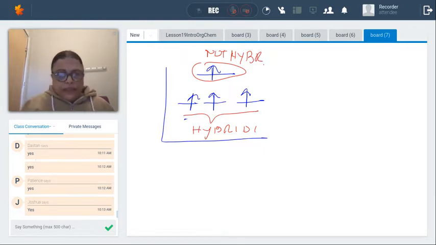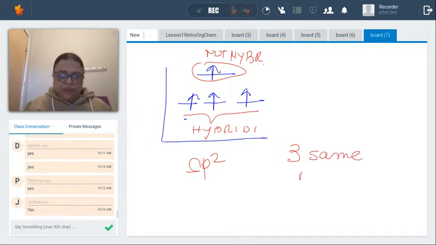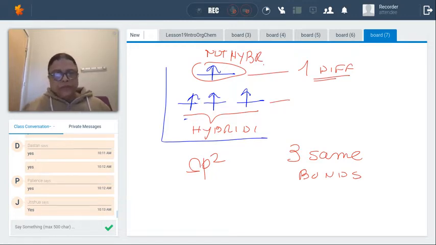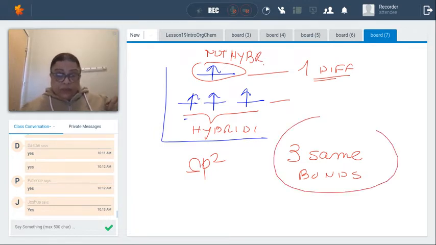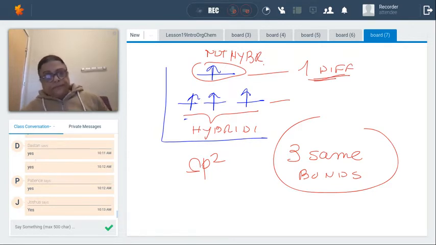So you clearly see that this carbon that has an sp2 will have 3 same or similar bonds and 1 different. This is high in energy, these are low. So the carbon will have 4 arms like it always has, but 3 of the arms will be the same and 1 will be different. Is this clear?